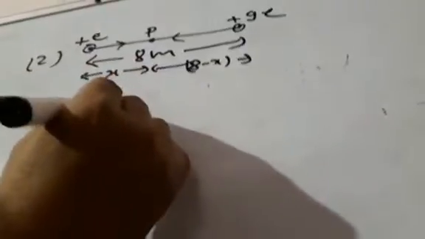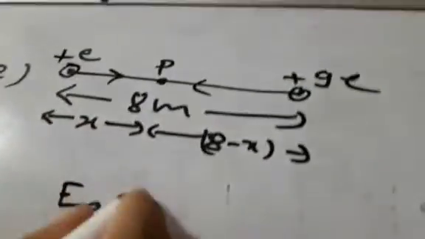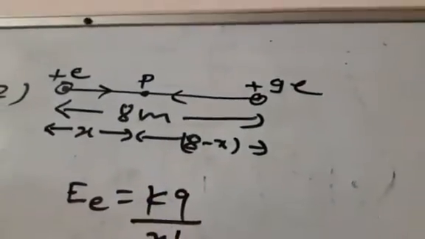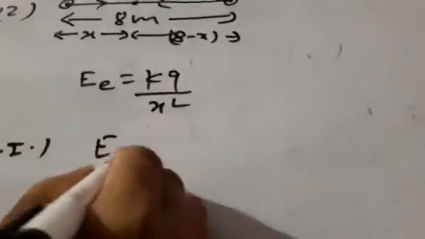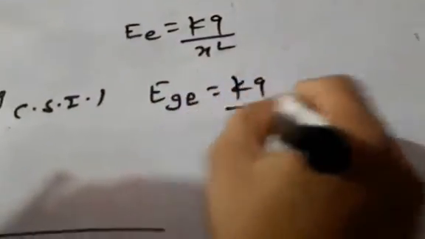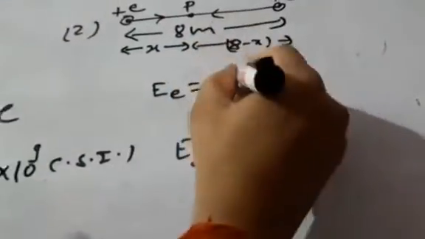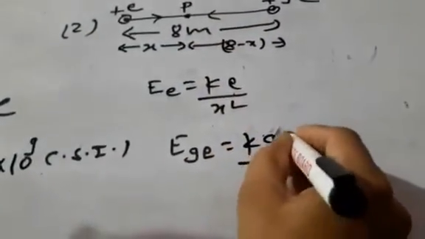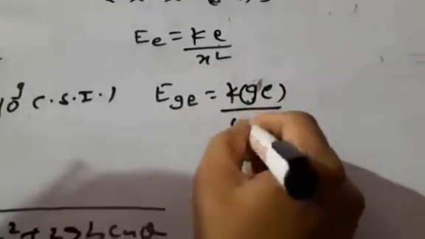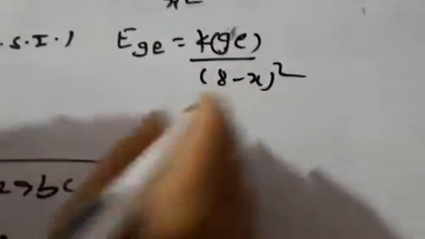Therefore, first we find intensity due to E, which is equal to constant Q upon x square, and intensity due to 9E, that is equal to constant 9E upon 8 minus x square.